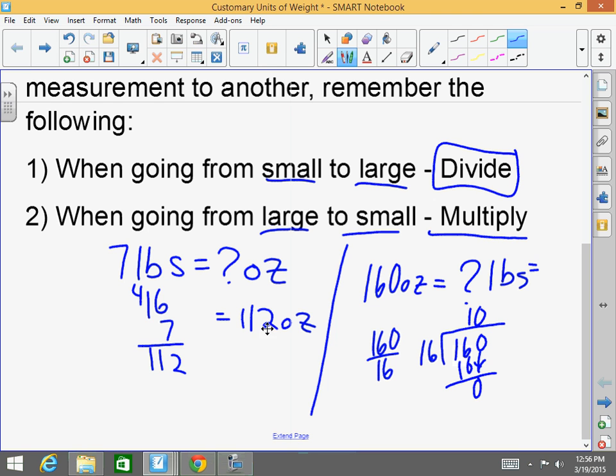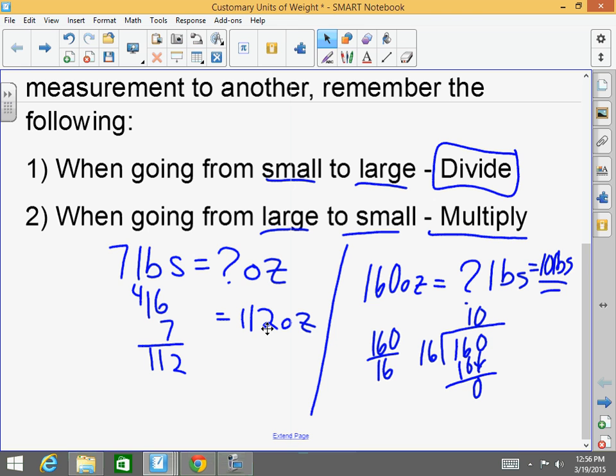So that would equal 10 pounds. The beauty of this with the American system is that those conversions are constant. Whenever I go from large to small, I multiply, always. Whenever I go from small to large, I divide, always. What do I divide by? That's why you have to memorize your tables.